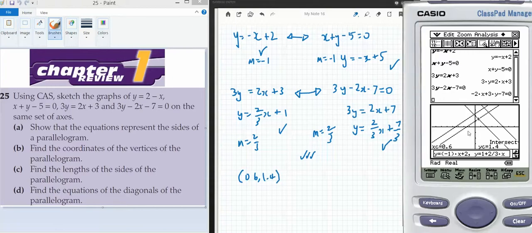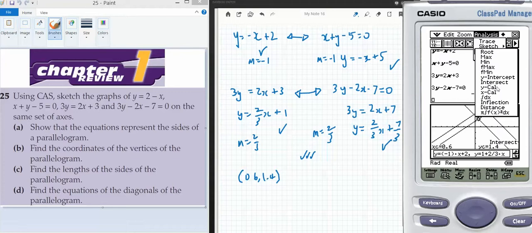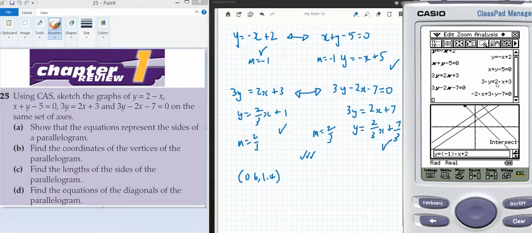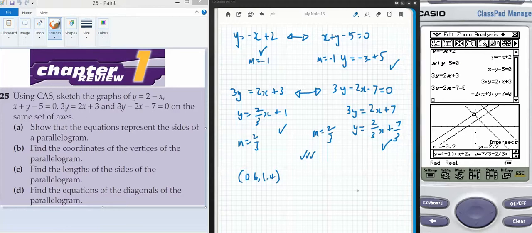Okay, back over here, Analysis, G-Solve, Intersect between that one, enter, and move to that one, enter, and that's -0.2 and 2.2.